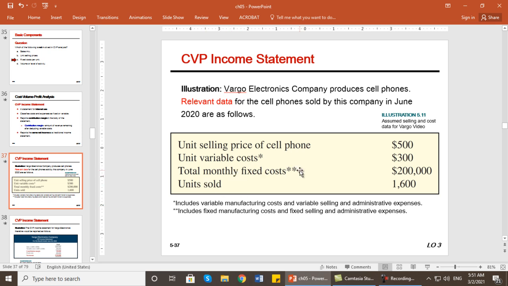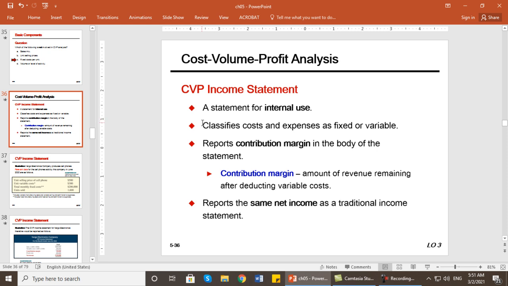Total monthly fixed cost is 200,000. Also, fixed cost includes fixed manufacturing cost and fixed selling and administrative expenses. Again, as you see in cost value profit, we classify costs and expenses only as fixed and variable, all the fixed together and all the variable together.